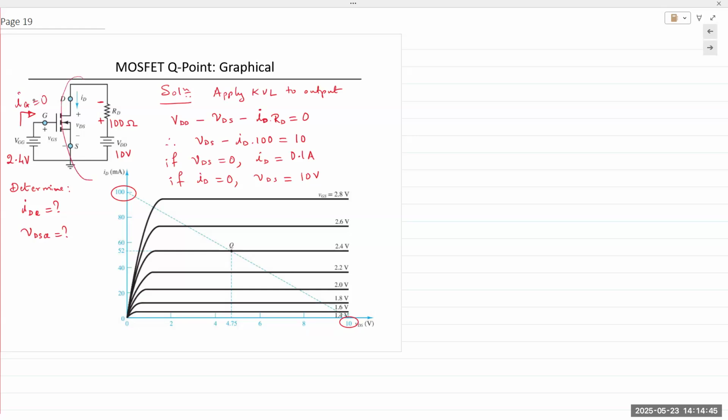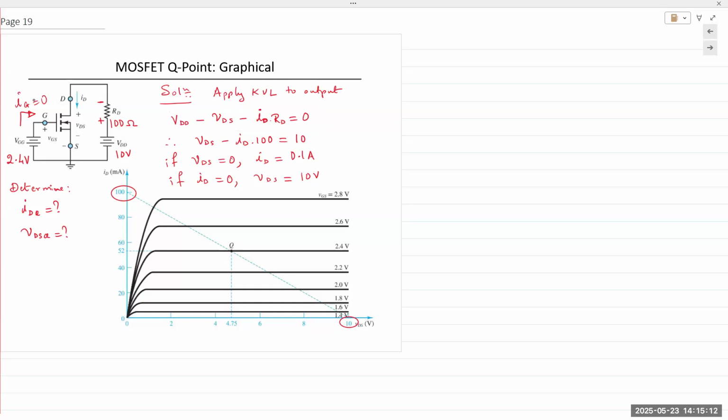When you apply KVL on the output side, we have three voltages. We have VDD, we have the voltage drop across RD, and VDS. We have current ID flowing through the device. So we can write the KVL as VDD minus VDS minus ID RD equals 0.